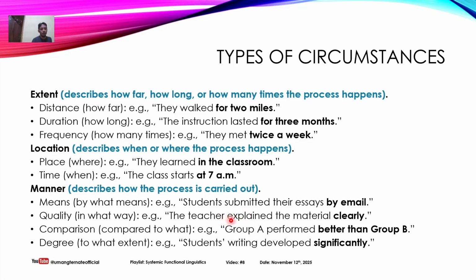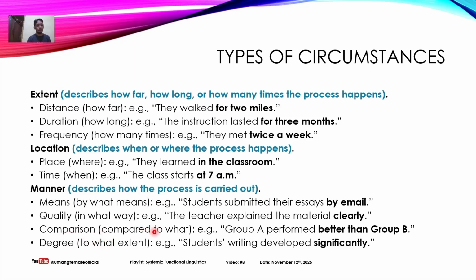The adverb clearly here is the quality of the explanation. So explain here is the process. It can be a verbal process here, because it requires the use of verbal communication. And then the comparison, compared to the process.